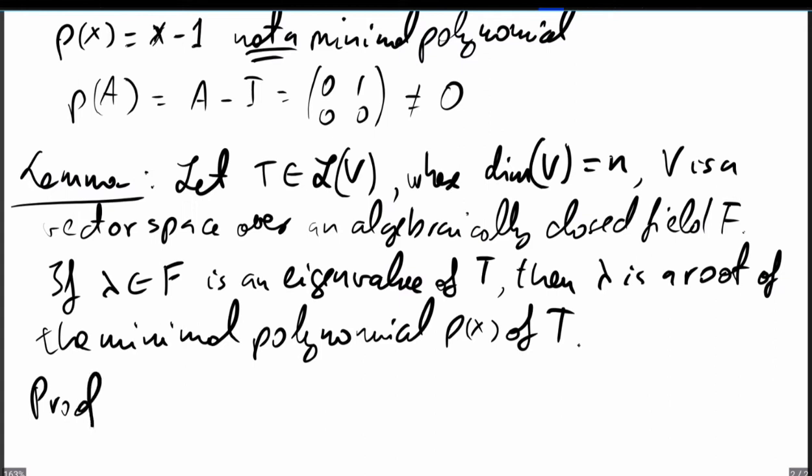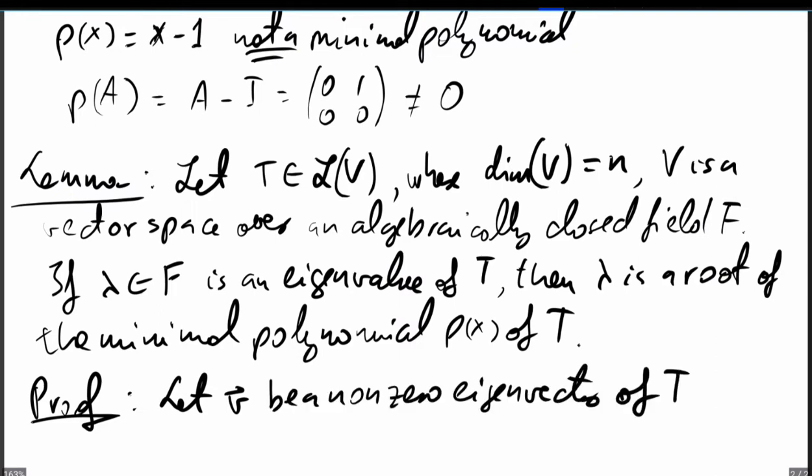So the proof is very short for this. Let's have a vector V, which is a non-zero eigenvector of T, associated to eigenvalue lambda.